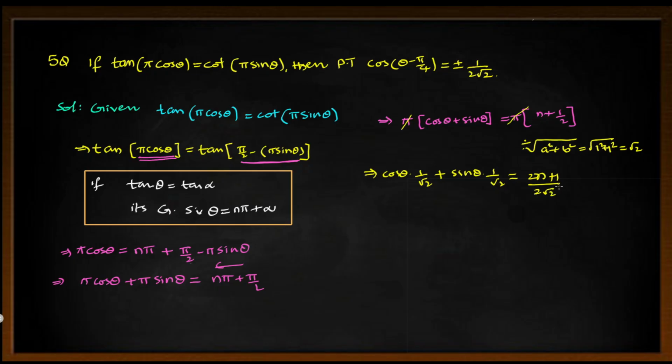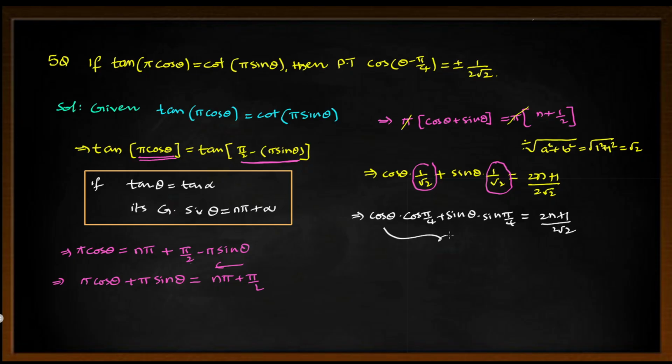So this will become 2 root 2 in the denominator. Now cos θ times 1 by root 2 plus sin θ times 1 by root 2. We have to convert 1 by root 2 in terms of cos and in terms of sin, since we need the cos A cos B plus sin A sin B form. So cos θ cos π/4 plus sin θ sin π/4 equals (2n plus 1) by 2 root 2.